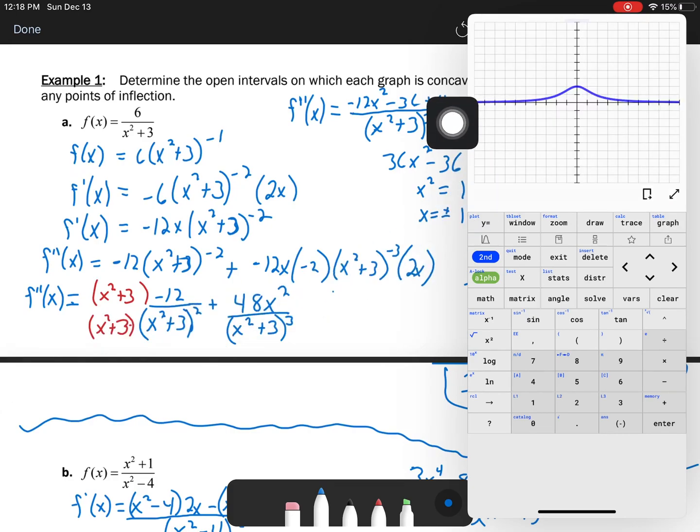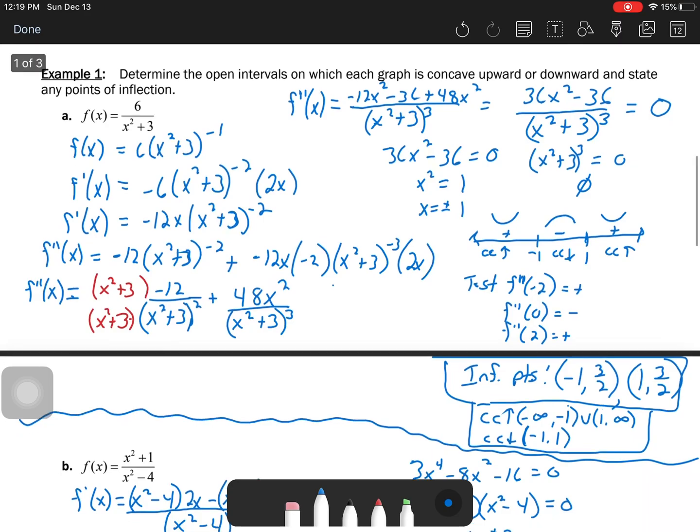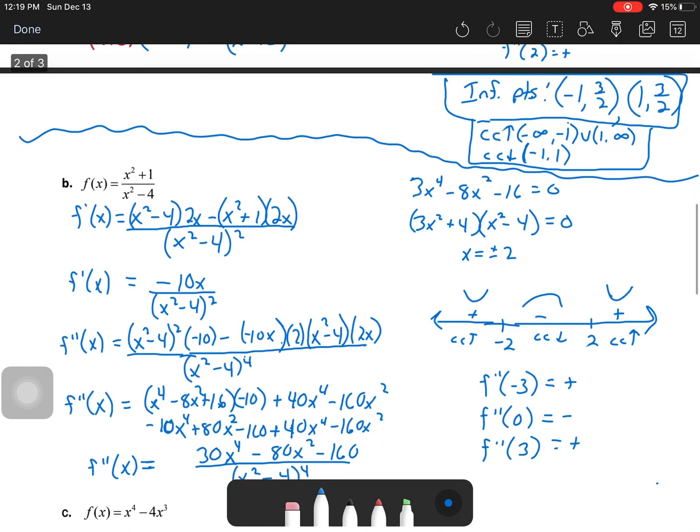So if we graph this, what we should be seeing is that it's curving up, it's concave up from -infinity until we get to an x coordinate of -1, and then hopefully we can start seeing it's flattening out and curving down in that interval from -1 to +1, and then starting to curve up again from 1 to infinity, which is what we saw happen when we tested those intervals. Okay, so the graph does verify what we saw when we did it analytically.